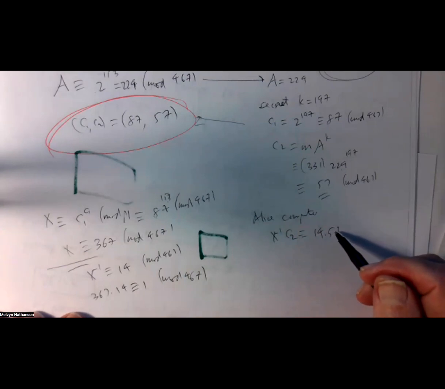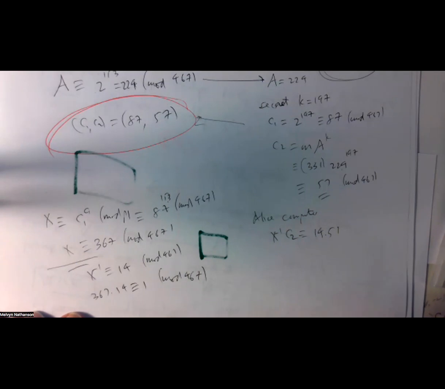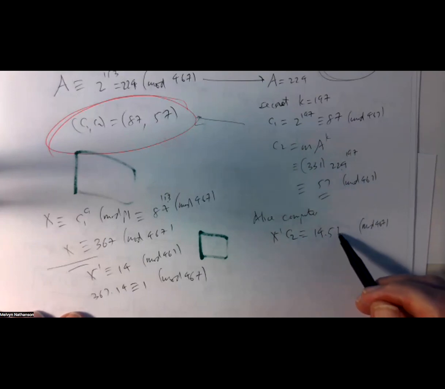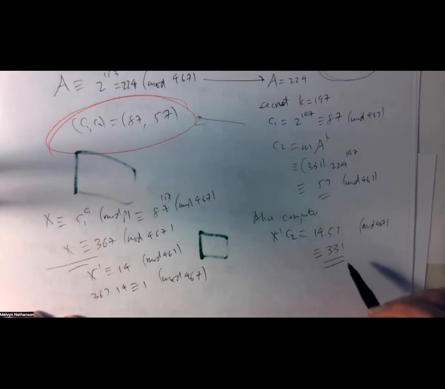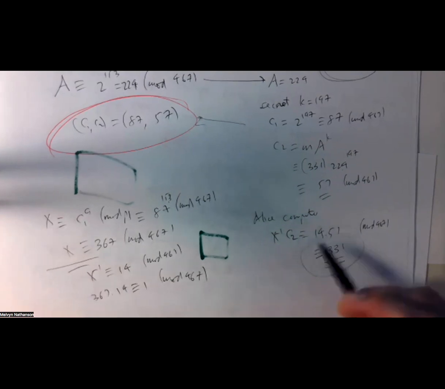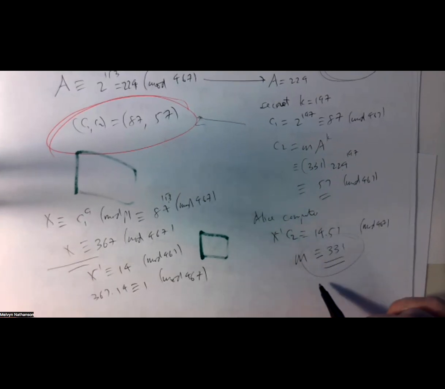So we're calculating 14 times 57 mod 467. And if you multiply these numbers, divide by 467, the remainder, lo and behold, is 331. So Alice has recovered the message Bob wanted to send her.